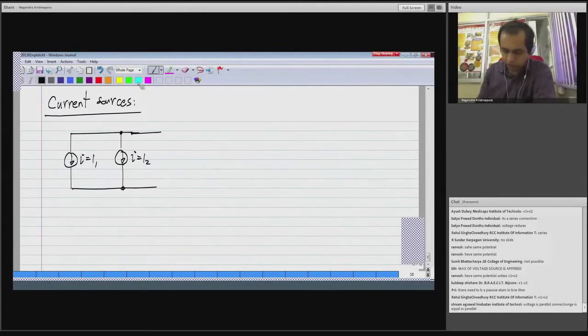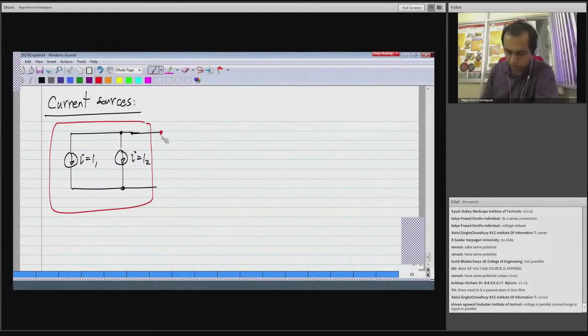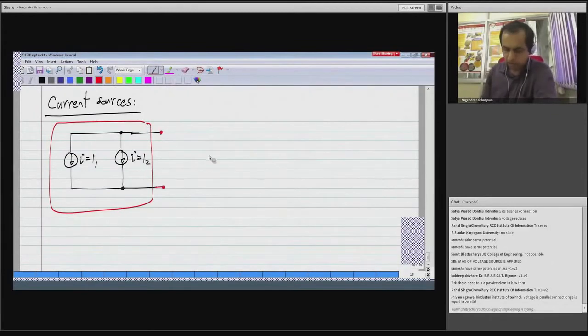Again this looks like a two-terminal element. The question is, what does it look like looking at those two terminals? Answers please quickly.